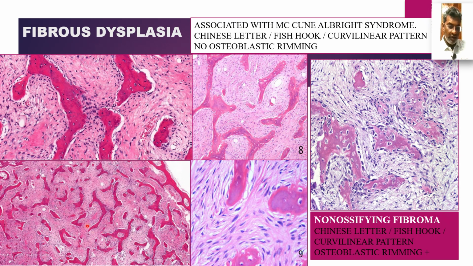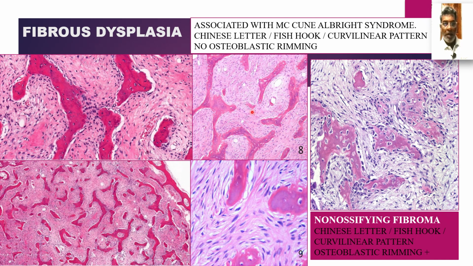What is that? Yes, it is like a fish hook, or they are like a curvilinear pattern. Curvilinear or fish hook or Chinese letter pattern is characteristic of fibrous dysplasia.